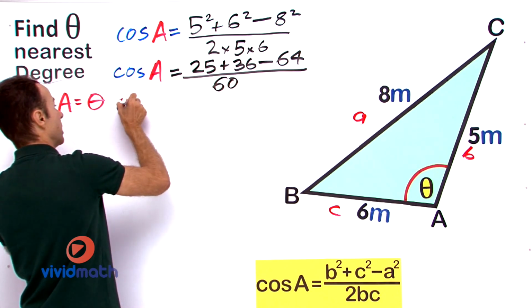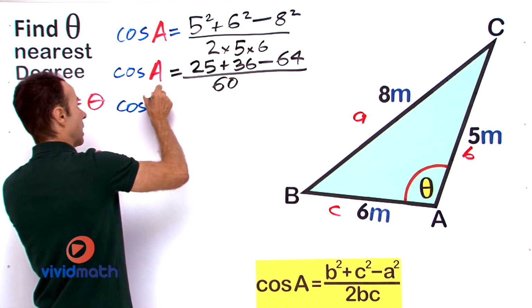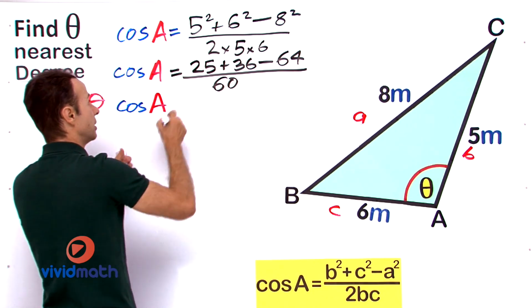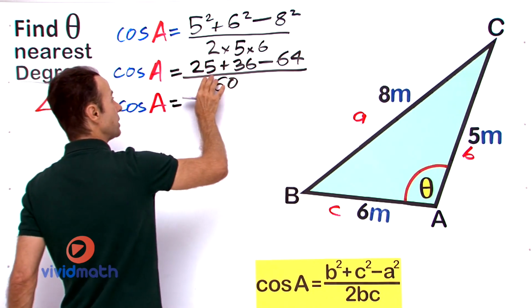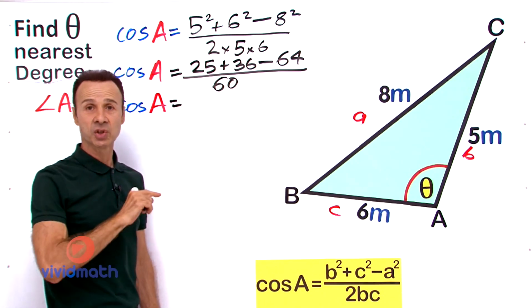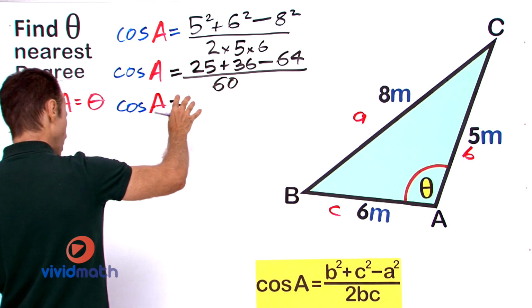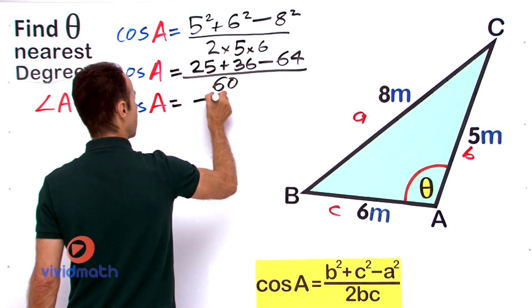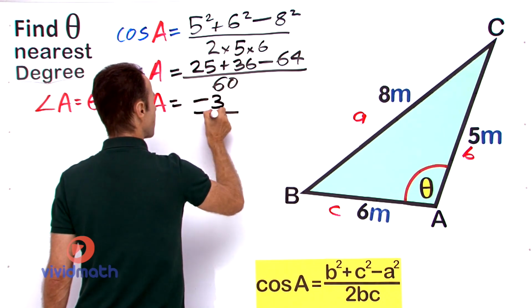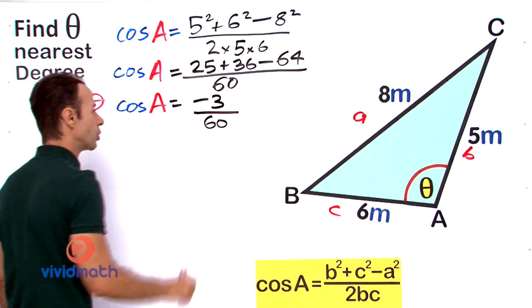Again, cosine A, the angle, that's what we're after, equals, on your calculator, 25 plus 36, subtract 64 on the top. That's going to give you negative 3 all over 60.